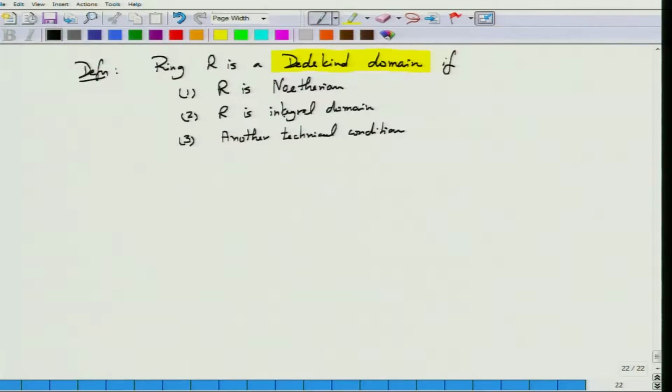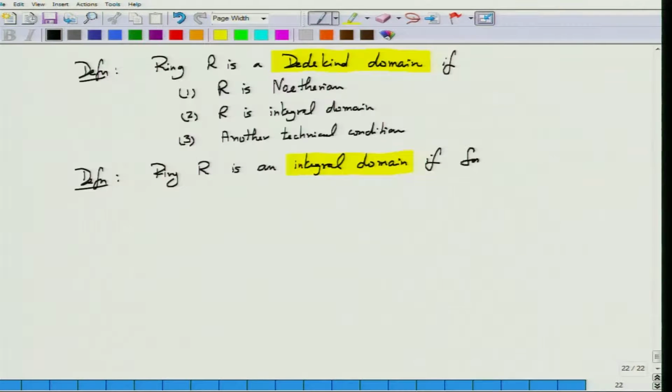But I do want to define what integral domains are. So we call a ring R an integral domain if whenever a product A times B is 0 in the ring, then either A is 0 or B is 0.